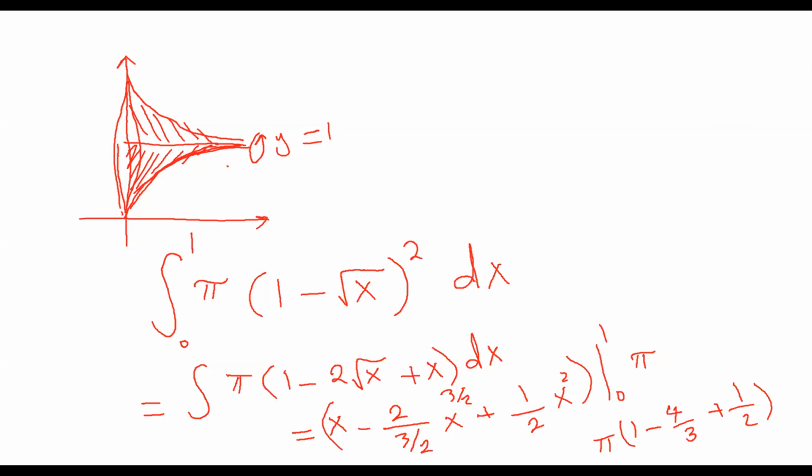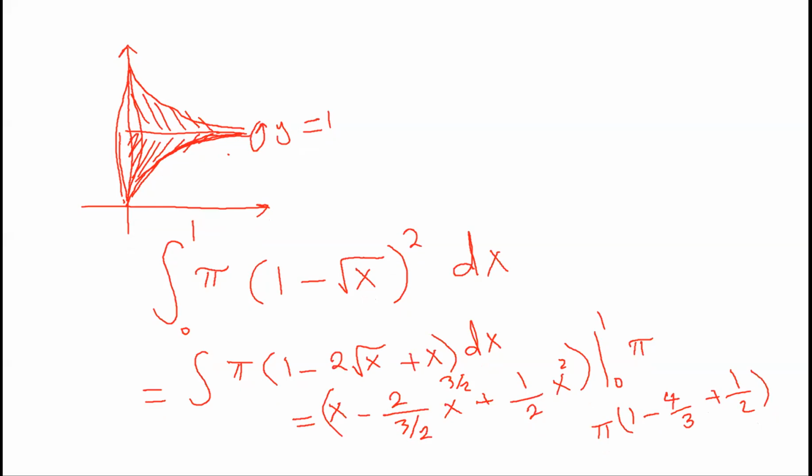Let us simplify this. So if you take the common denominator, you get 3 halves here, pi times (3 halves minus 4/3), which gives you 9 minus 8, pi times 1 over 6, or pi over 6.